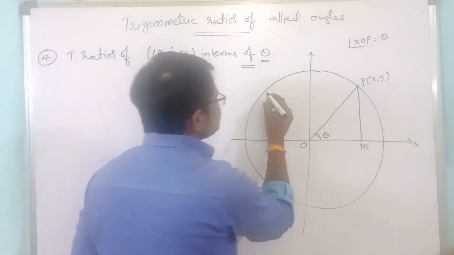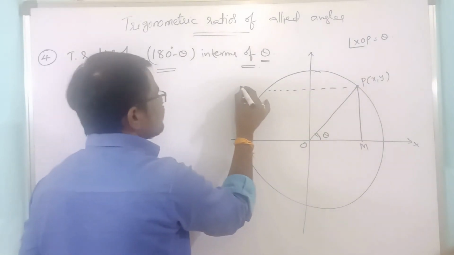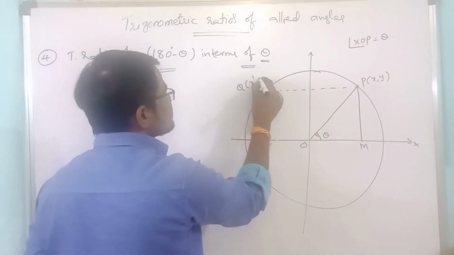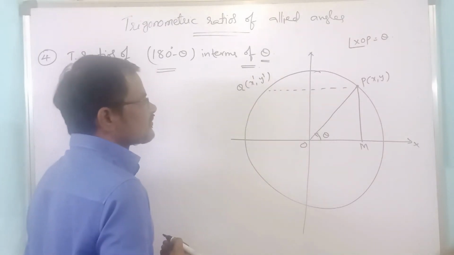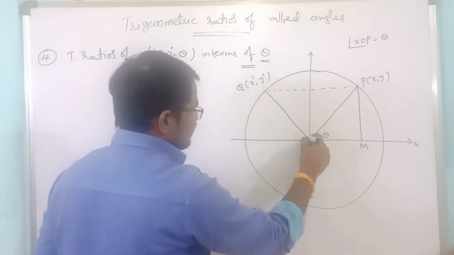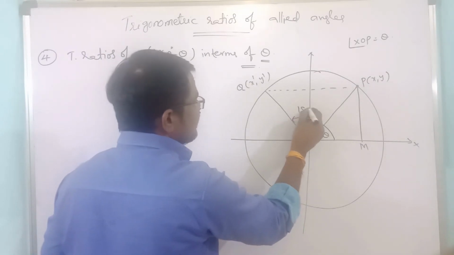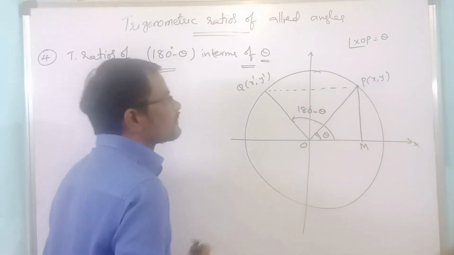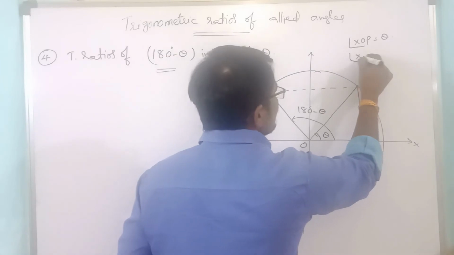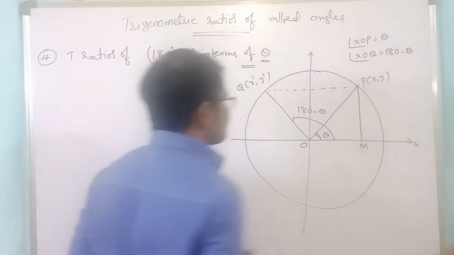And let point Q x dash comma y dash on the circle, which makes angle 180 minus theta. Means here XOQ equal to 180 minus theta.